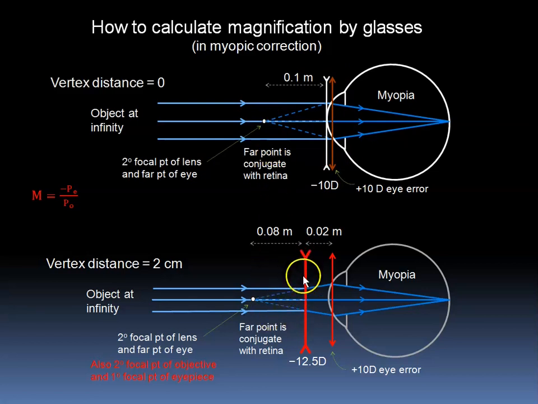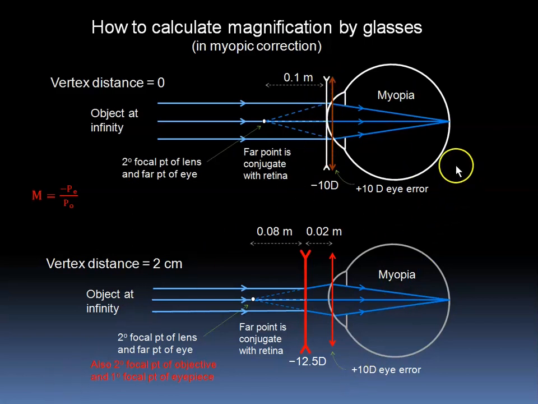In order for this lens to focus light at this level here, 0.1 meter in front of the eye, which is 0.08 meter in front of the lens, this lens would have to have a power of minus 12.5 diopters. In other words, a minus 12.5 diopter correcting lens at 0.02 meter in front of this eye is equivalent to a minus 10 diopter lens on the eye.